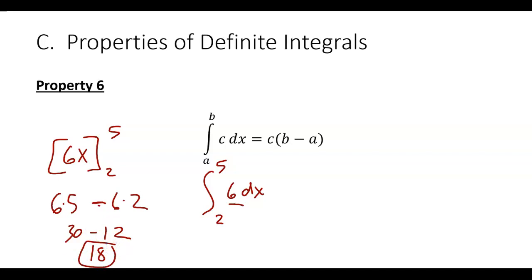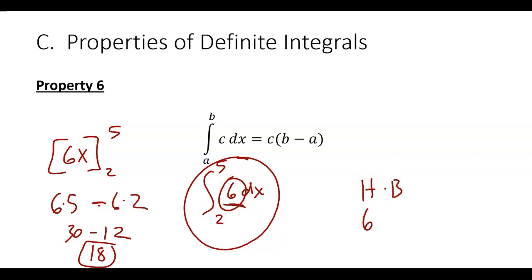That'll work. But there's a much faster way. If you just remember that this is a rectangle because this is a horizontal line, my height times base will be, the height is 6, the function itself, and the base is the distance from your first endpoint to your last. So 6 times 3 is 18. So much faster if you think of it geometrically.